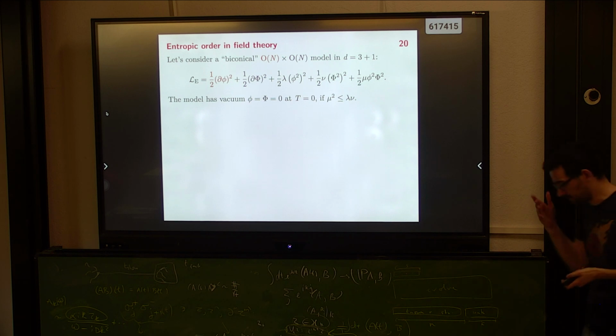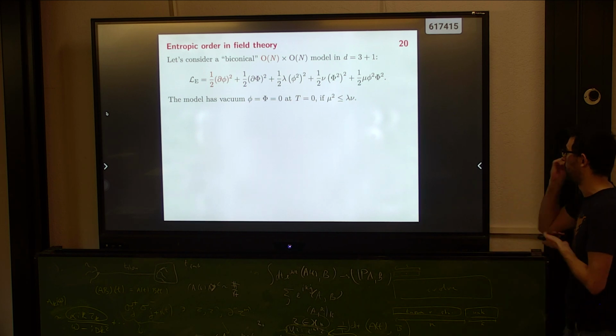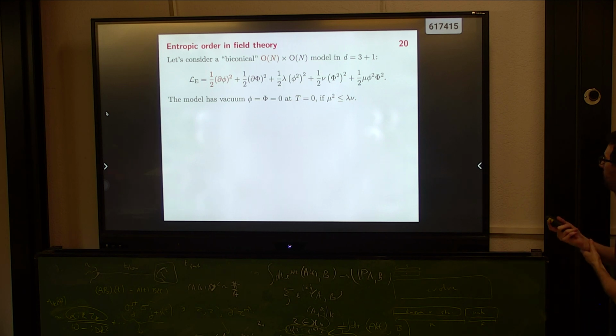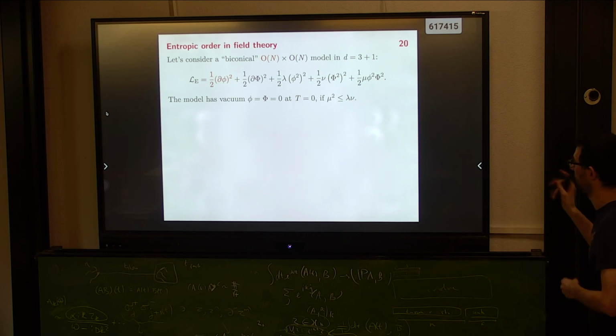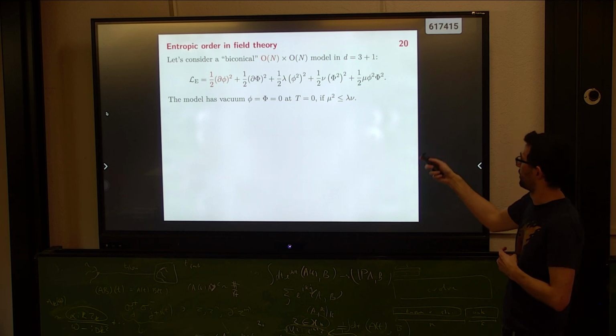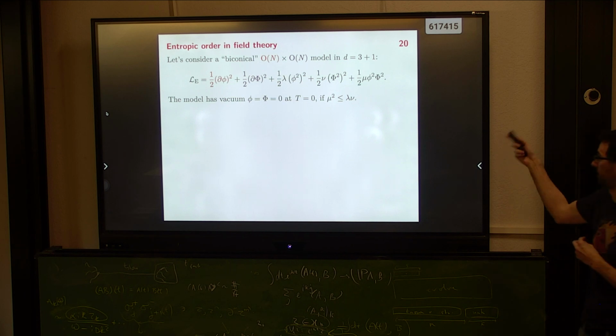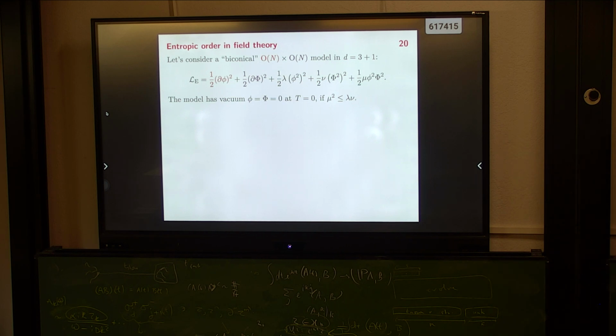As I mentioned in the beginning of the talk, there's an old history of doing this in field theory. As far as I know, this is attributed to Weinberg, hopefully correctly. Weinberg introduced what is called a biconical O(N) cross O(N) model in 3+1 dimensions. I have a field little phi and a field capital phi, both of them n-component vectors. I imagine tuning their masses to criticality, so I just have these quartic interactions chosen so that the Lagrangian is stable.